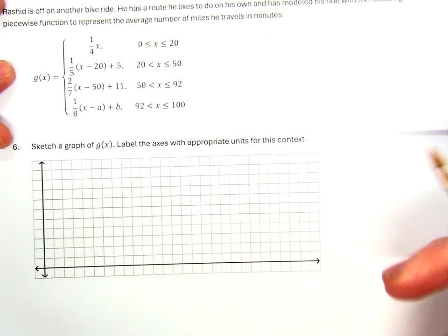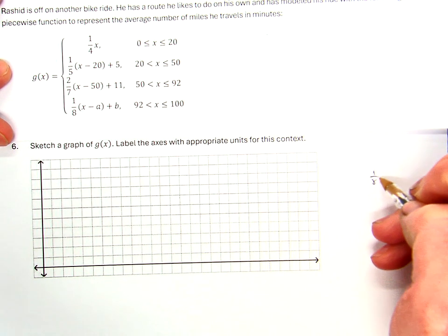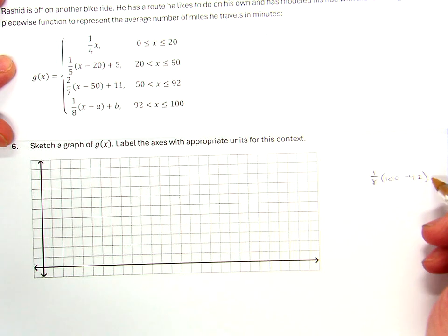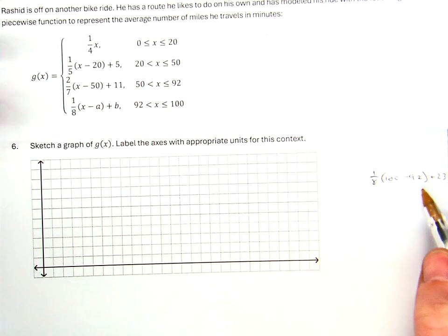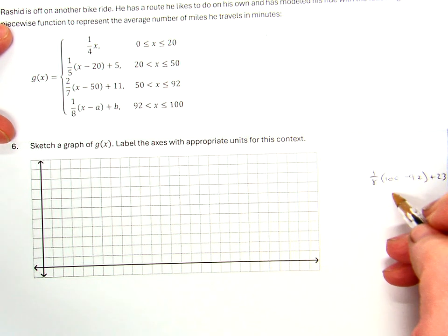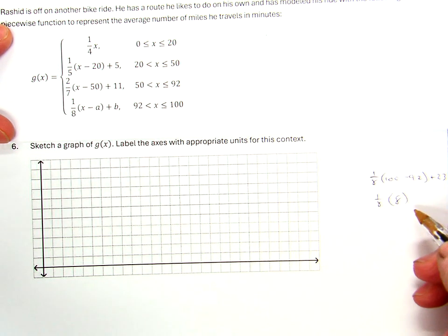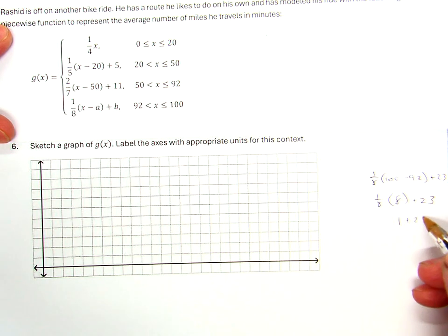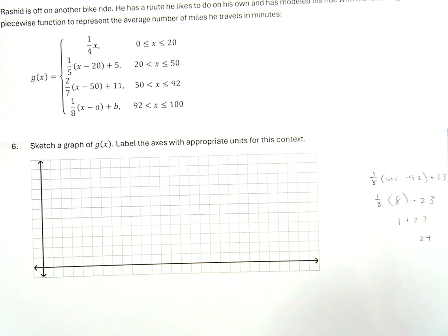If I said 1/8 times 100 minus 92 plus 23, if we put this all together, that's how high it is going. 100 minus 92 is just 8. 8 divided by 8 is just 1, so we can see that this one is going up to 24.